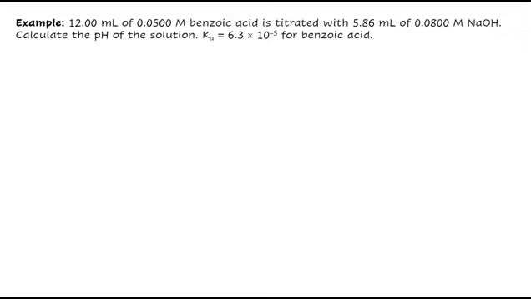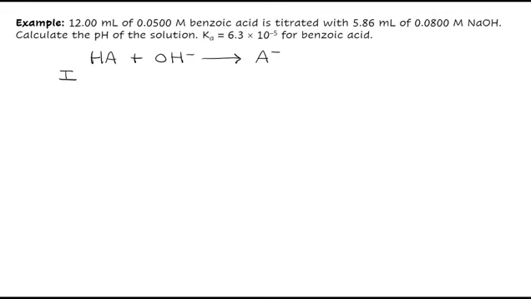In our example, we see that we have more than 0 mL of titrant, so this tells us that we are going to need to set up a millimole table. Our millimole table includes the reaction that is occurring between the weak acid, HA, and the titrant, OH-, to form the conjugate, which in this case is a conjugate base, A-.